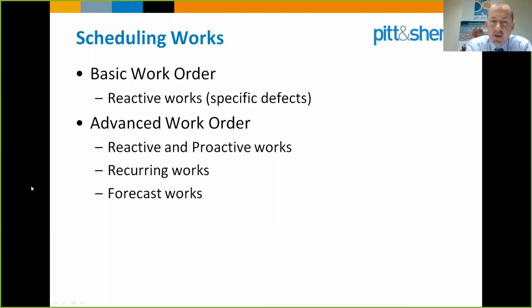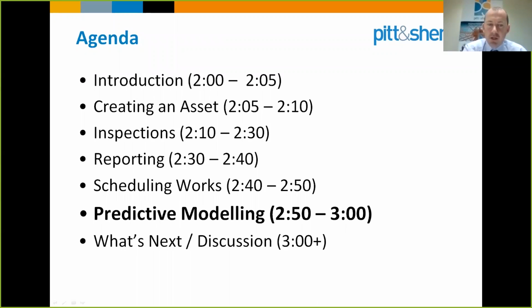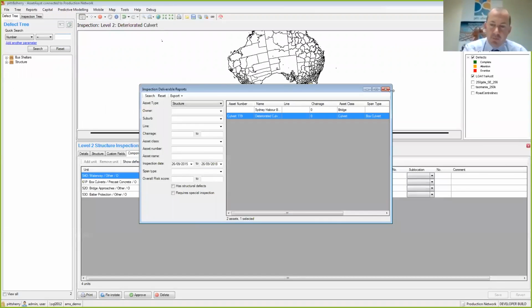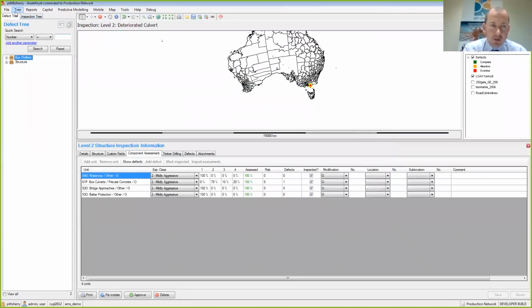While the advanced work order can be about being reactive, but is more about being proactive in works and scheduling reoccurring works or works that you want done in the future, such as maintenance work or preventative works to prevent defects from occurring. What we'll do now, Adam, if we can, we'll just show an example of adding a defect from an inspection into a basic work order, and then we'll have a quick look at the advanced work order.